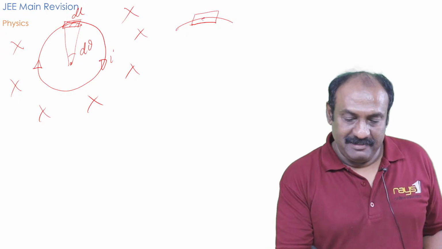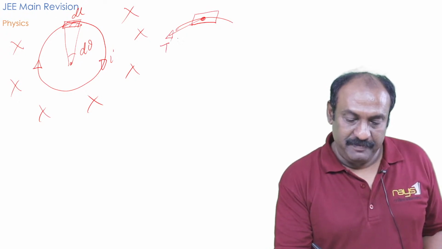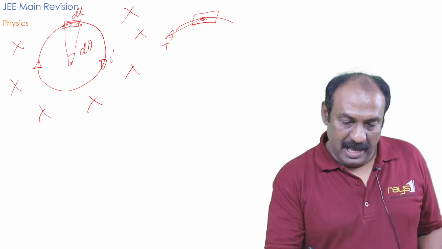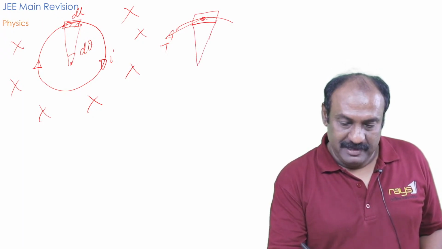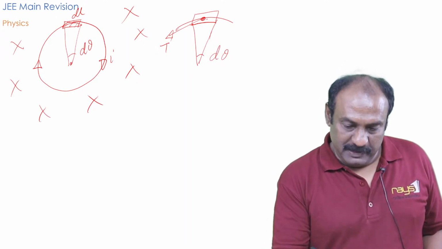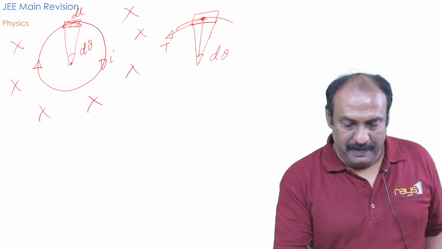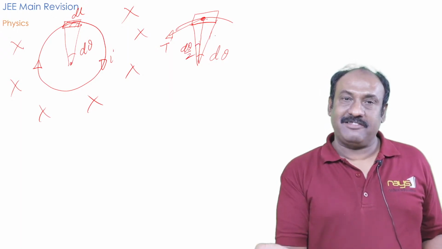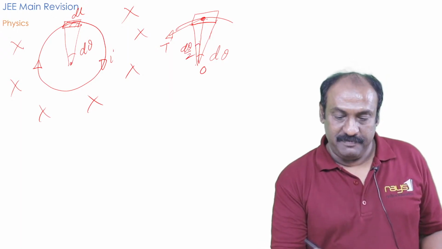For this elemental strip, at this point the tension will be T, and at this point the tension will be T. If you draw a bisecting line, this angle is d theta by 2, and on the other side also it is d theta by 2 at the center.